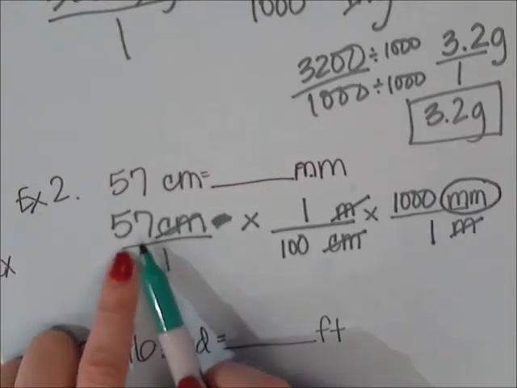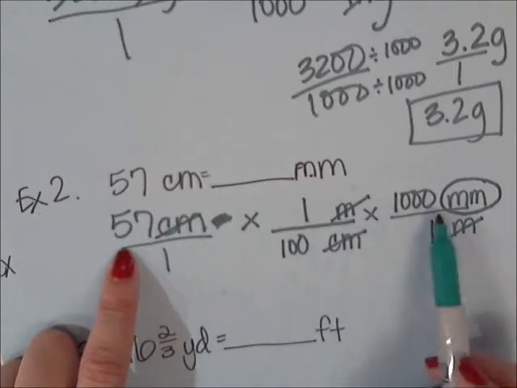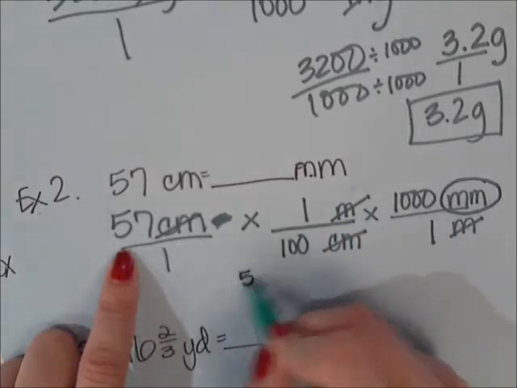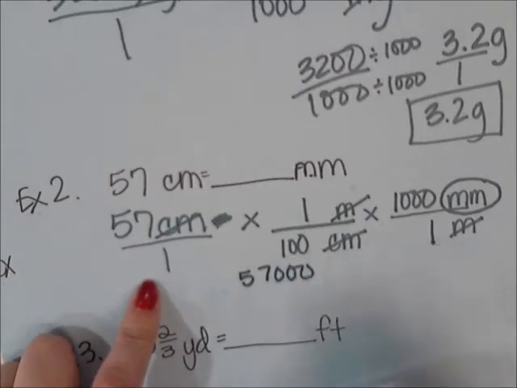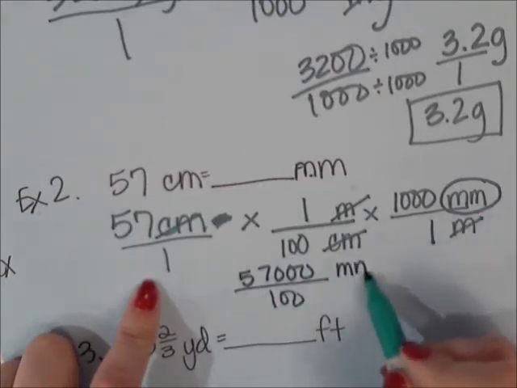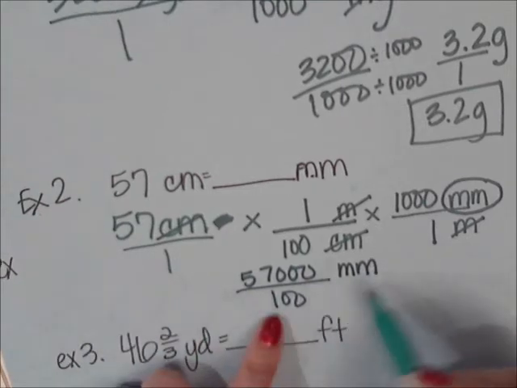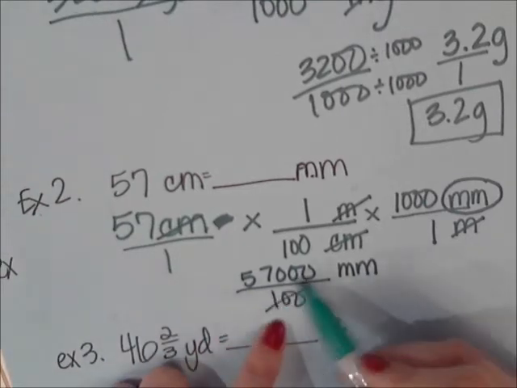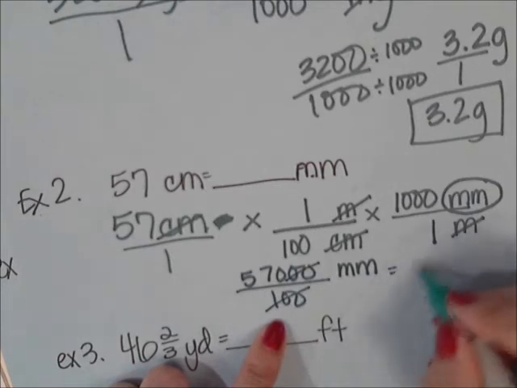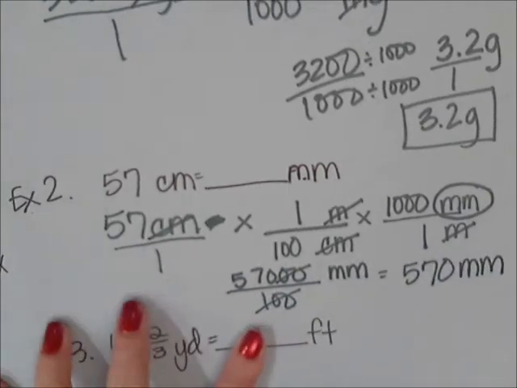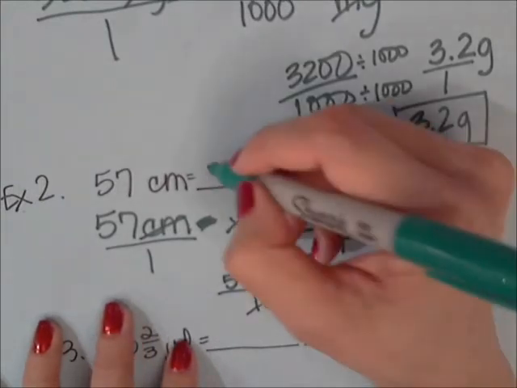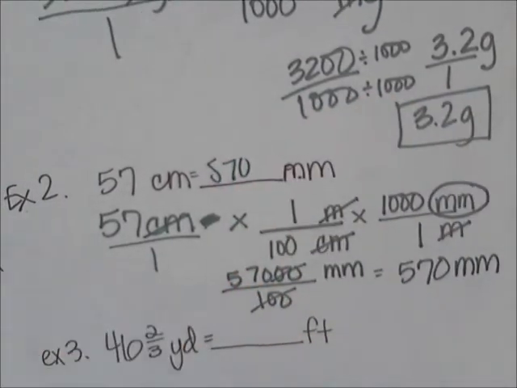Now I'm going to do 57 times 1 times 1,000, which is 57,000. Then 1 times 100 times 1 is 100. Then I bring down my millimeters because that's what I'm left with. I'm just going to cross out my zeros, and I end up with 570 millimeters. And that is my final answer, 570 millimeters.